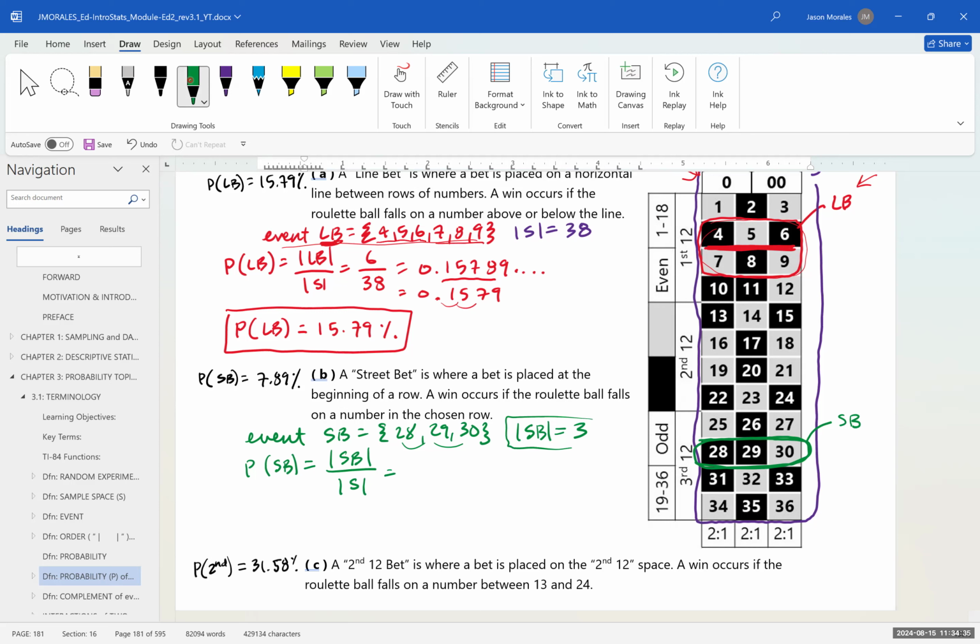And the order of the street bet event is 3 over the order of the sample space, which is 38. And 3 over 38 gives me 0.07894 and some change. And again, I'm going to round this to 4 decimal places. And so the probability of a street bet is 7.89%.